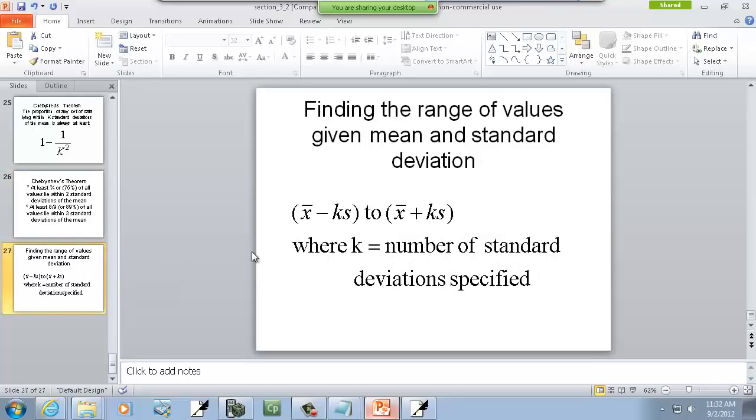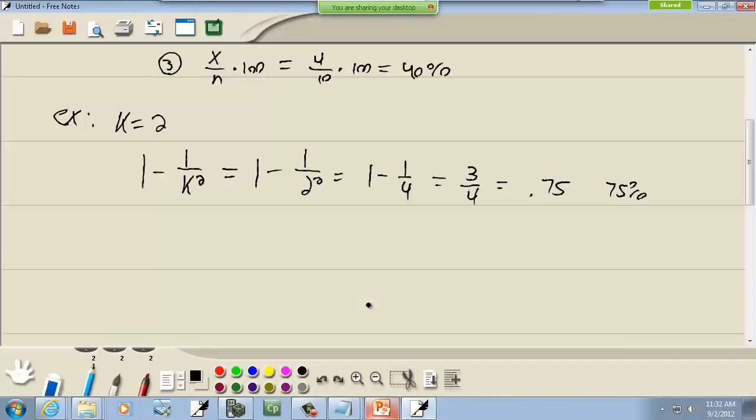Now, if you ever have a problem that asks you to find a range of values given the mean and standard deviation within so many standard deviations. So, for example, they give us x bar is 10, and sample standard deviation is 2, and they want to go within 2 standard deviations.